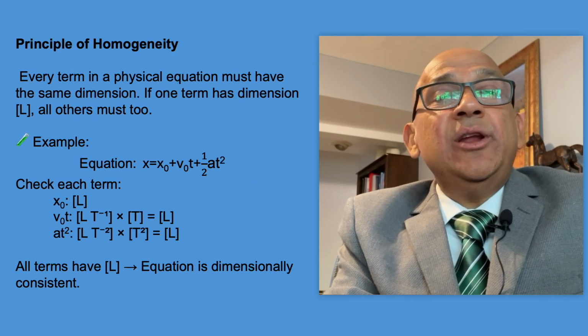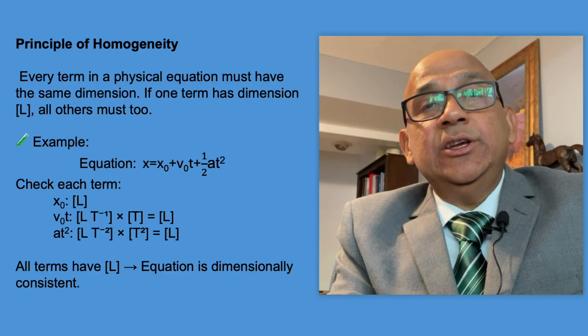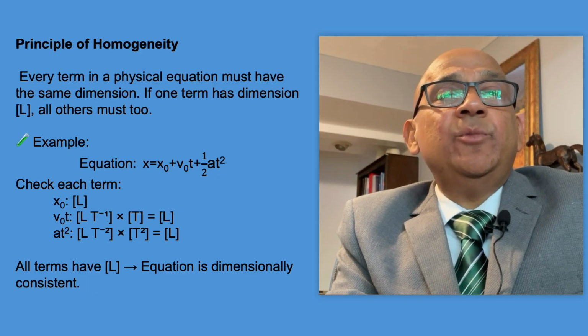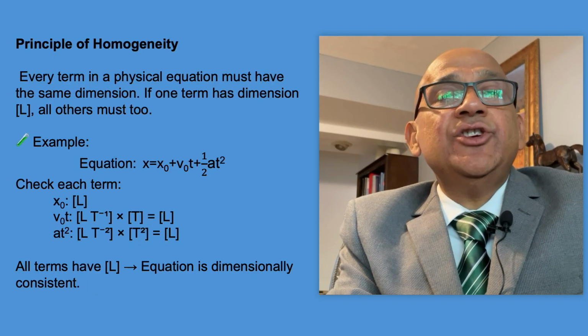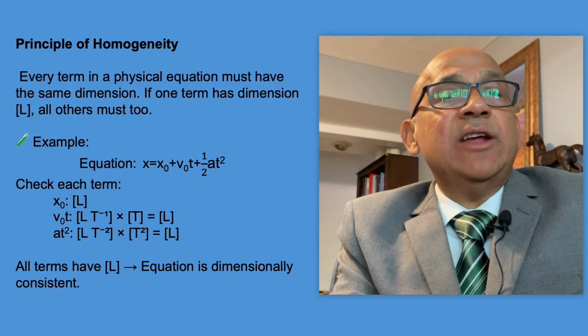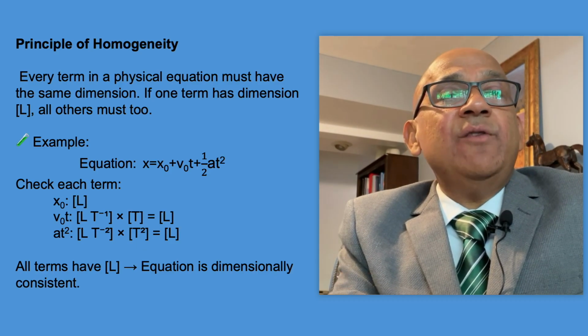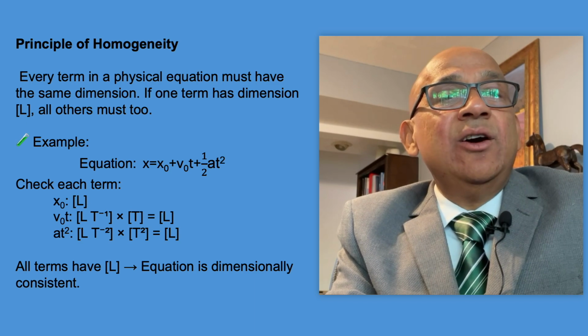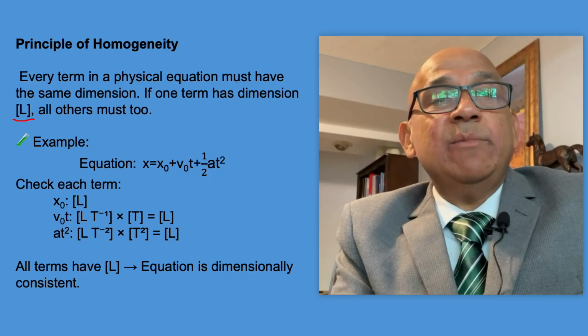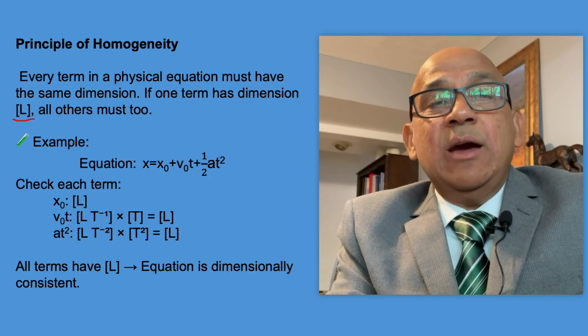There is a principle called the principle of homogeneity. According to this principle, every term in a physical equation must have the same dimension. For example, if one term has a dimension of L, all others should also have the same dimension. Let us look into an example.